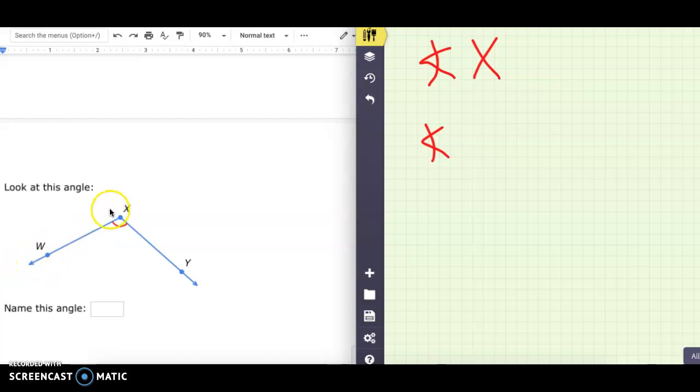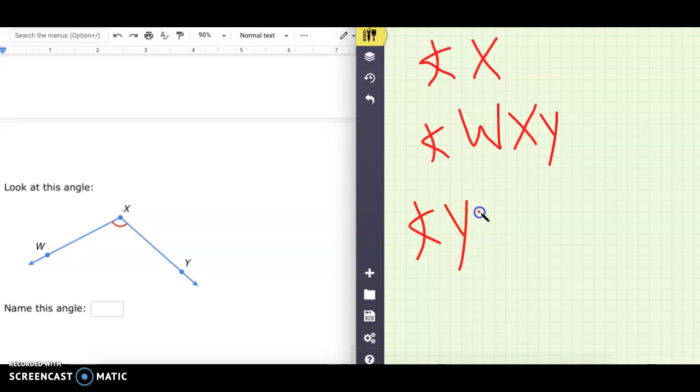So we can do W, X, Y, or we can go the other way, Y, X, W. Notice that the X is in the middle of each of these, and that's going to be the vertex or the point of it. So the vertex is always in the middle when you're naming an angle.